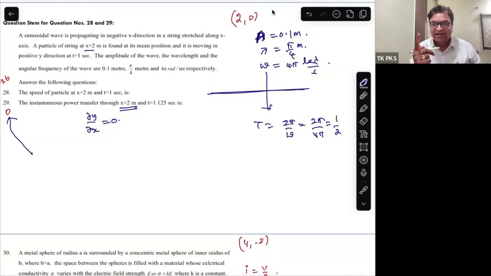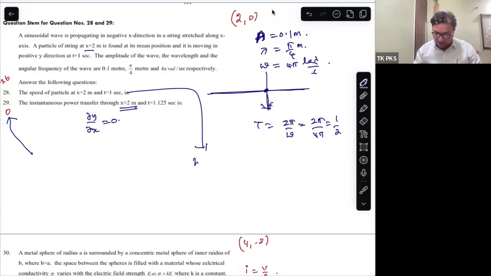And you asked 1 second, means again it is at the mean position. Total time period is half a second. What is there at t equal to 0 gets repeated at half a second and gets repeated at 1 second. So the particle again has the same direction velocity. What is that velocity? Omega a, maximum velocity.